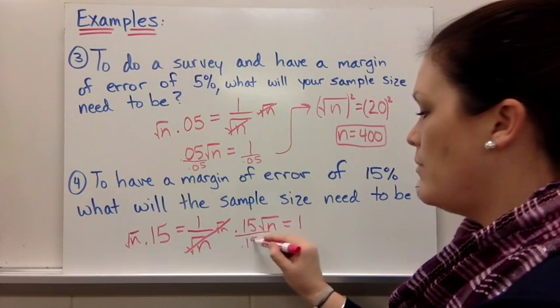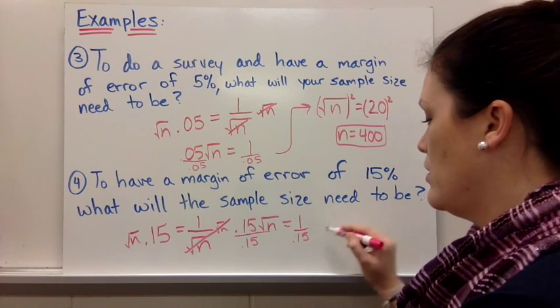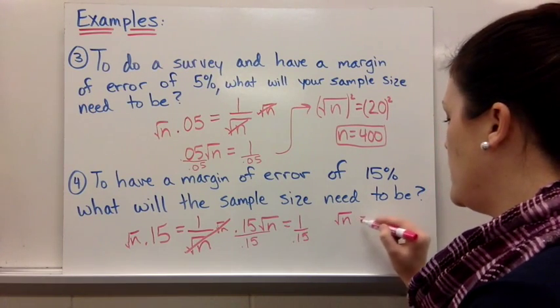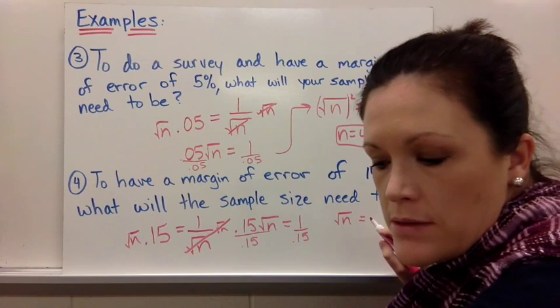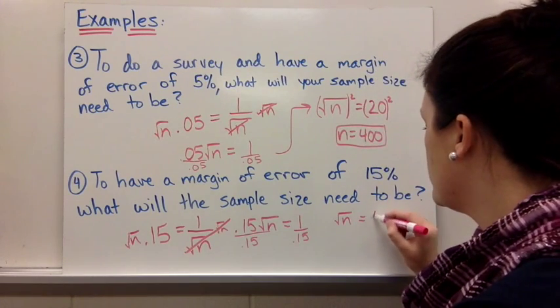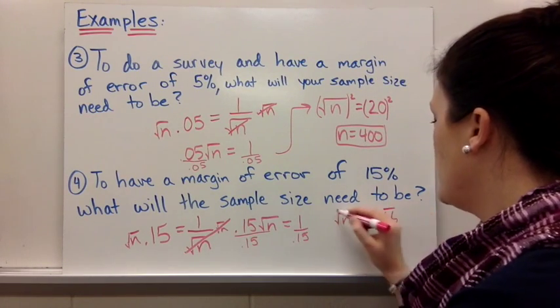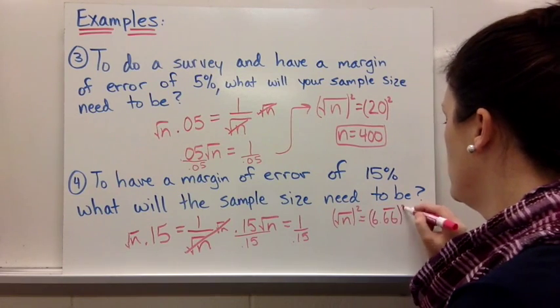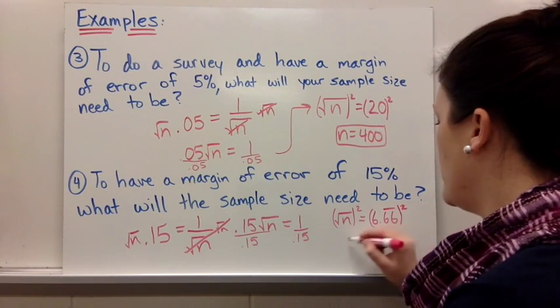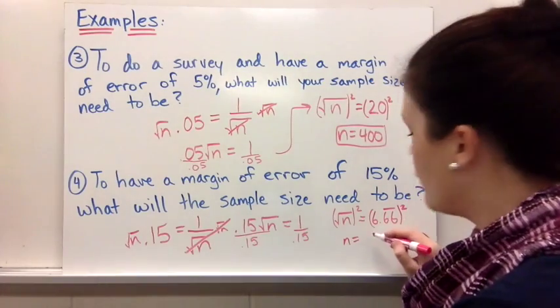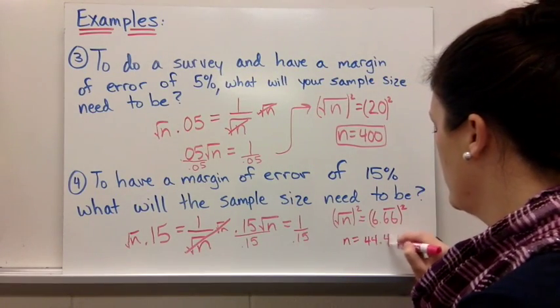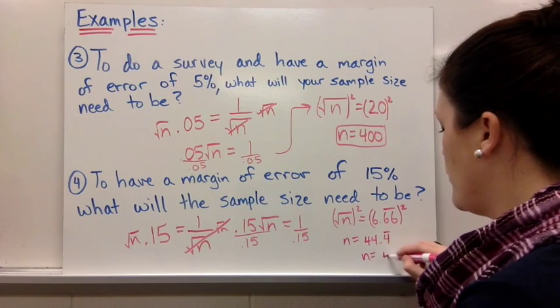Then we could divide by 0.15, so we get the square root of n is equal to, and this one was a decimal, 6.6 repeating. And then when I square both sides, I end up with n is equal to 44.4 repeating. So let's just say n would equal 44.